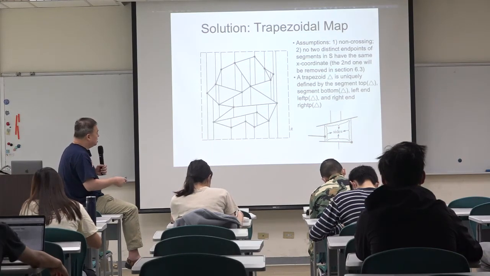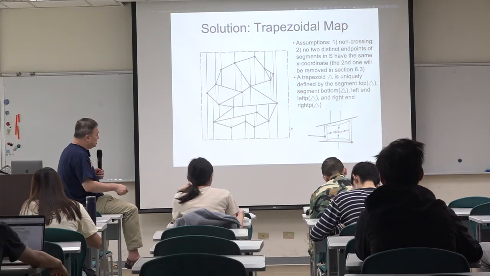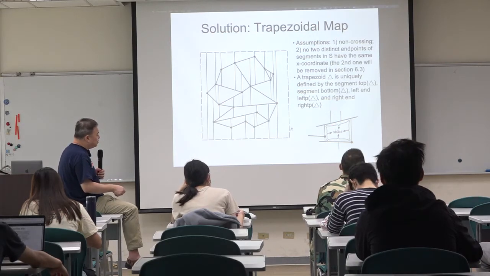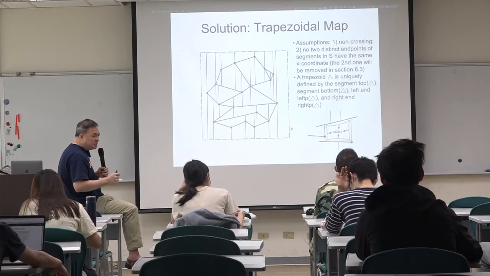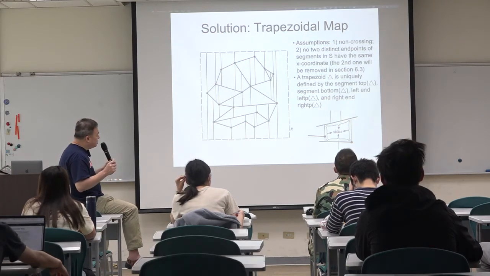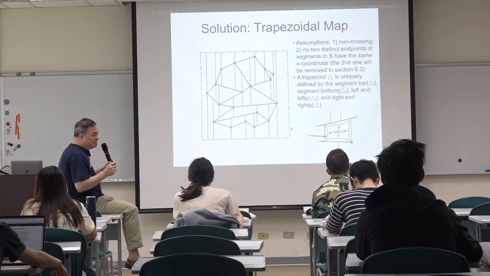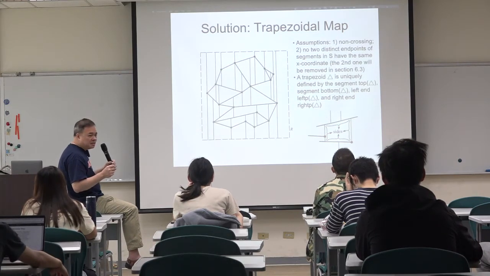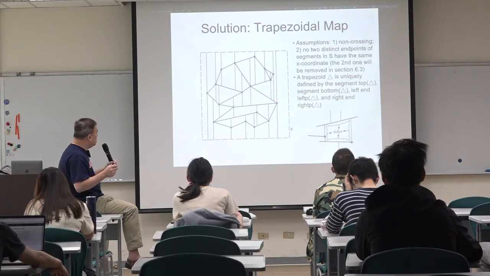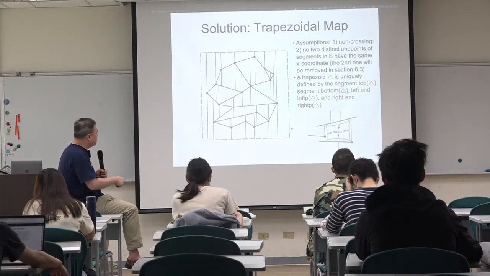But a trapezoid's top one and bottom one are segments. The left side and right side are determined by, should I say point? I should say vertices, the endpoints of some of the segments.